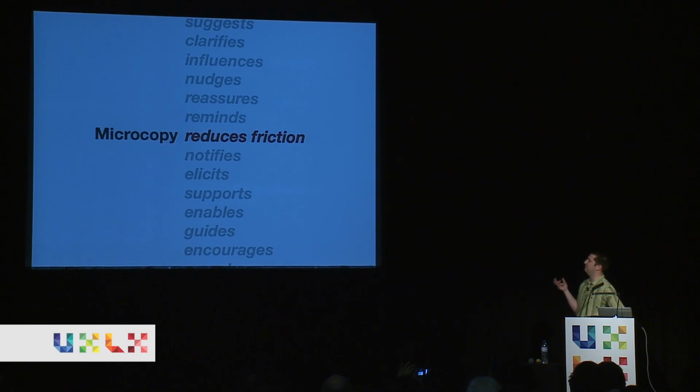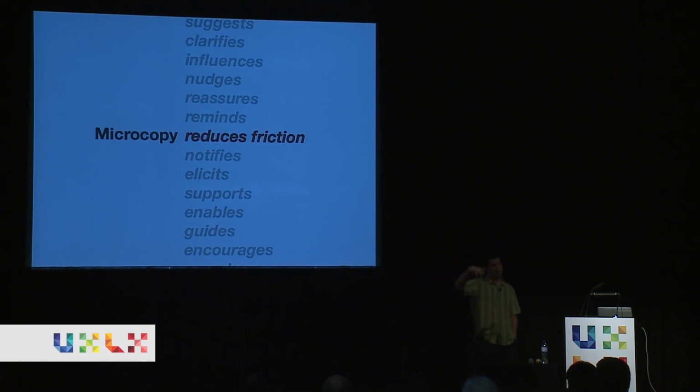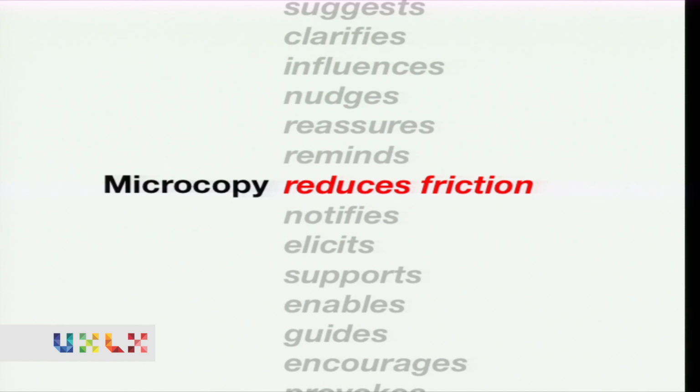That's the main benefit: microcopy reduces friction. It does a lot of other things. It clarifies and nudges and reassures people. But the end result is that it removes friction from the interface. I think of it like this: a person scratching their head, sitting down at an interface.